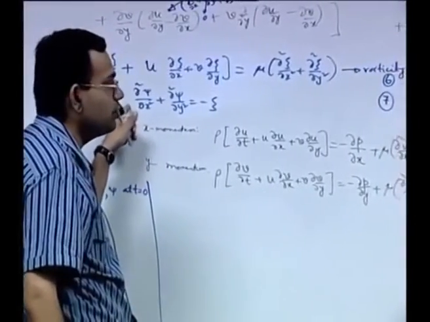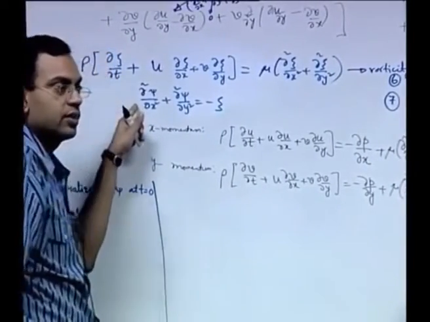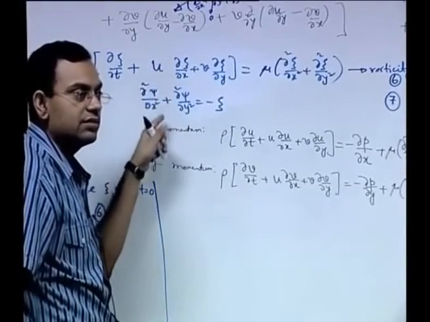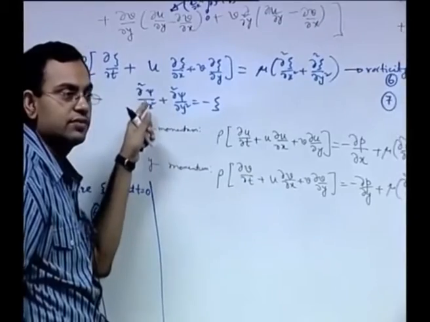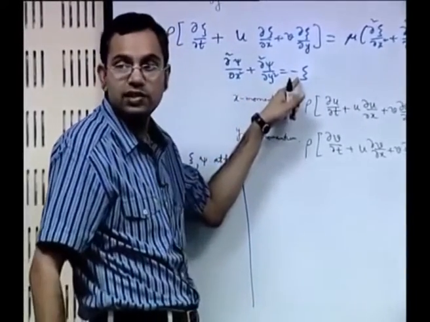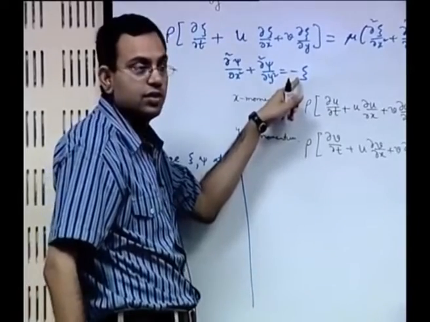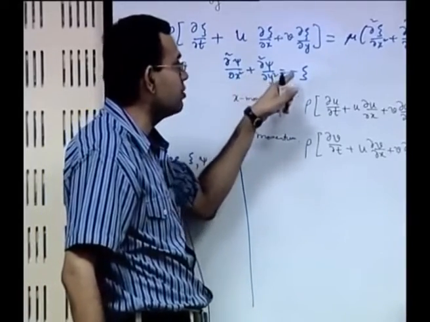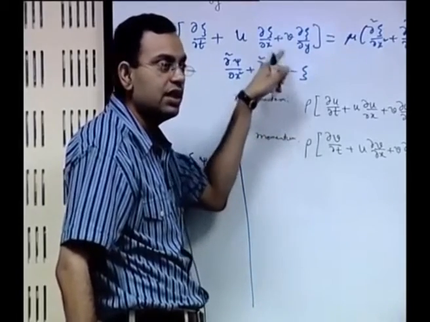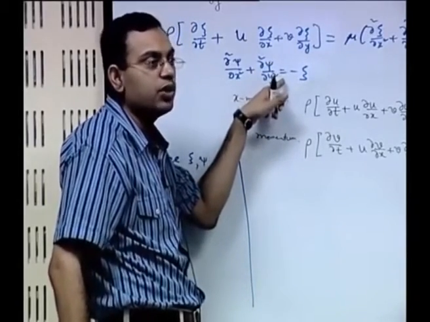Now, you can solve equation 7. What is the nature of equation 7? What type of equation is this? This is the Poisson equation. If the right hand side is 0, that is called as Laplace equation. So, if it was del square psi equal to 0, that would have been the Laplace equation. Here it is not 0, there is something in the right hand side. So, that is called as a Poisson equation.